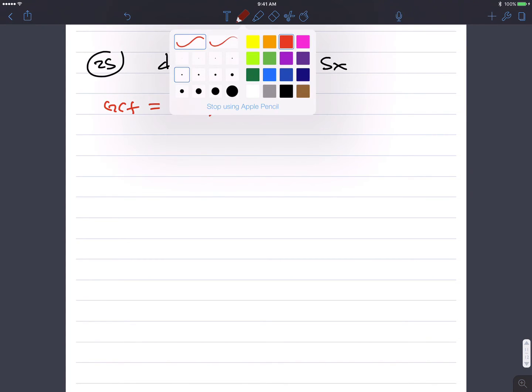All right, let's do 25. Four x cubed plus 21x squared plus your 5x. Okay, what's your greatest common factor here? GCF. It's just x. Good.